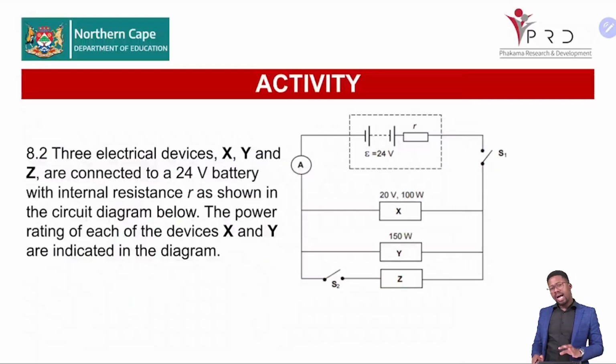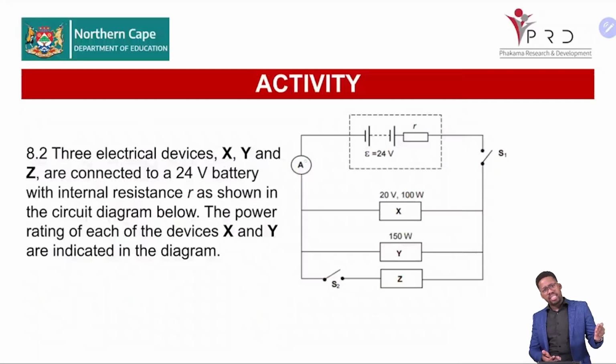Now, I want us to analyze this problem. It says 3 electrical devices X, Y, and Z are connected to a 24-volt battery with internal resistance R as shown in the circuit diagram below. When you look at the circuit diagram, if you are given the EMF, you must know that you'll be required to calculate the internal resistance.